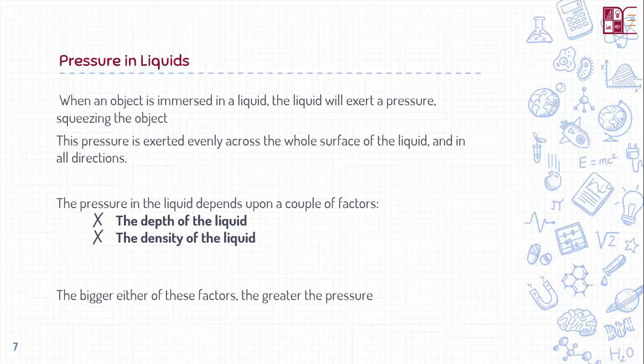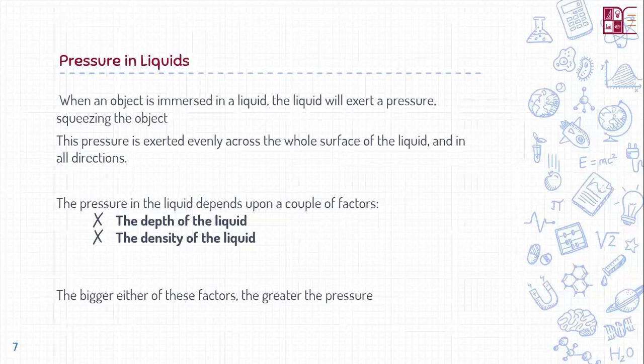The amount of pressure inside a body of fluid increases with its depth. As you go further down, the pressure on the object increases because of the height of the liquid above that object.